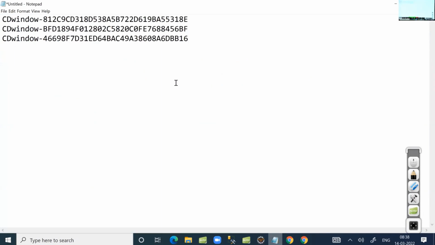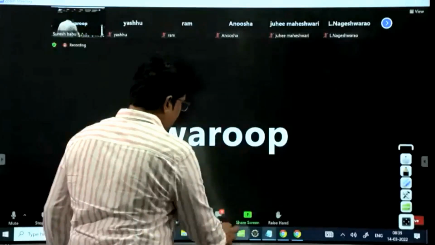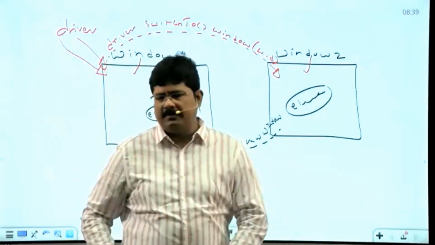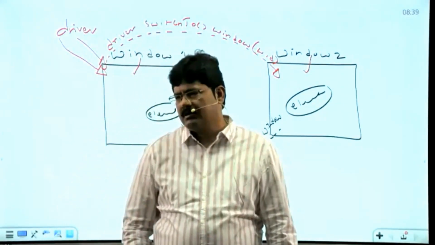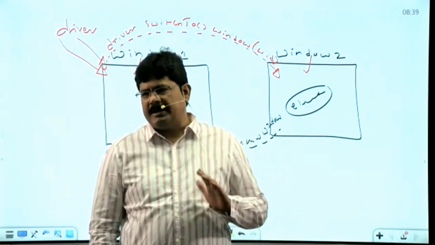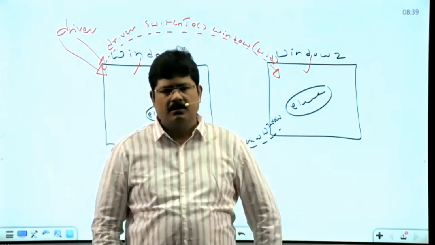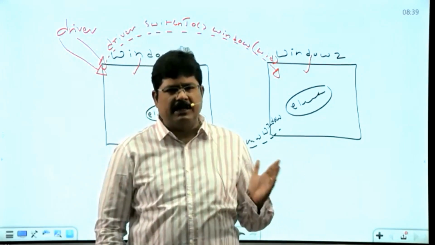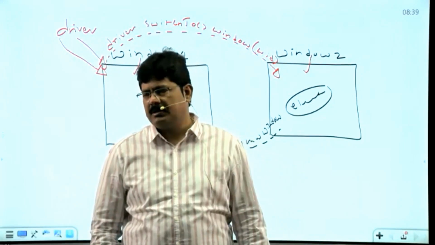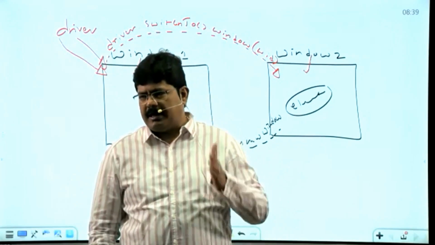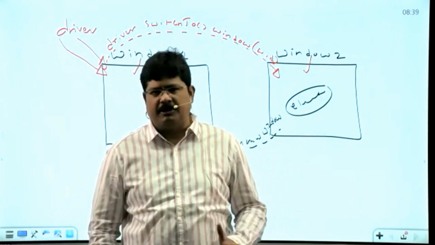So make a note of this. I said getWindowHandle will capture the current browser window ID. This window ID will change for every new session. In the same session, the same window ID will be maintained.